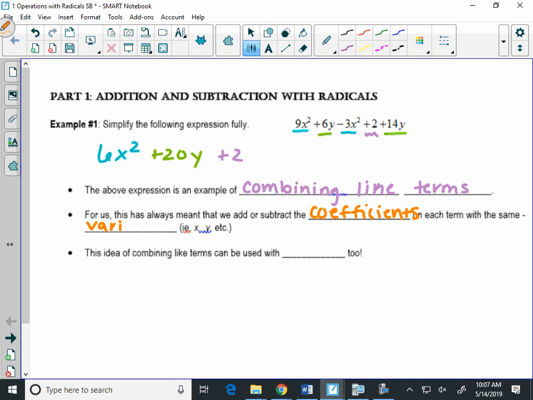So x or y, or x squared, y squared, x cubed, etc. This idea of combining like terms can be used with radicals too. We can use the same concept when combining radicals.